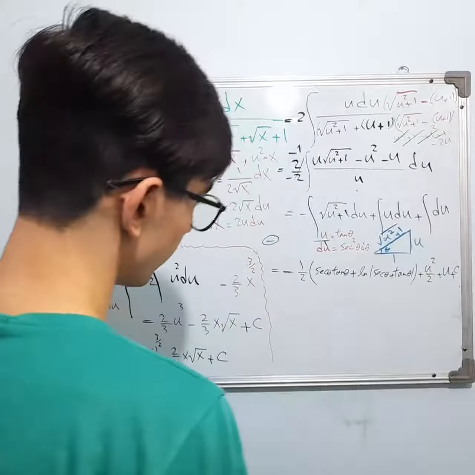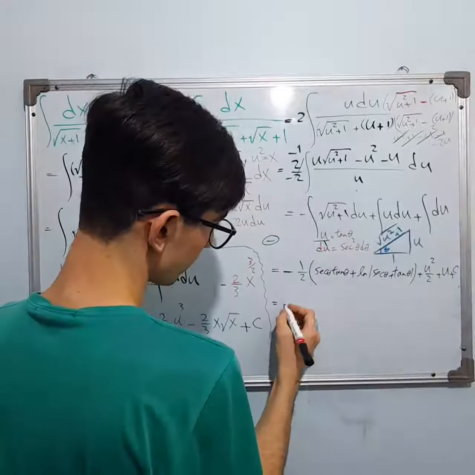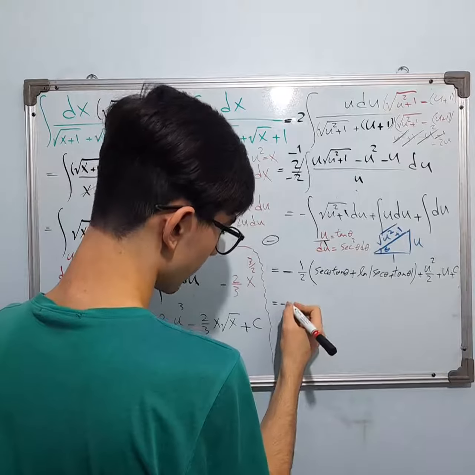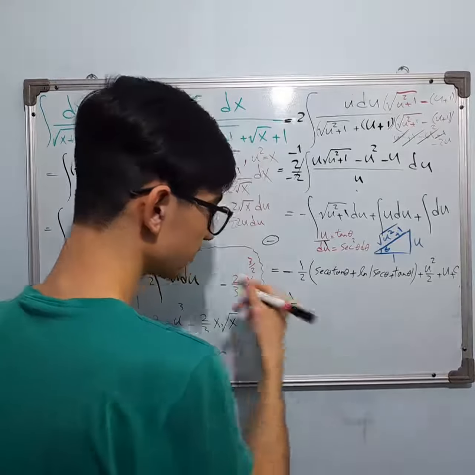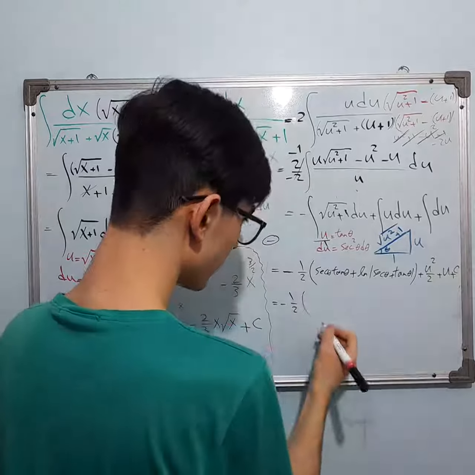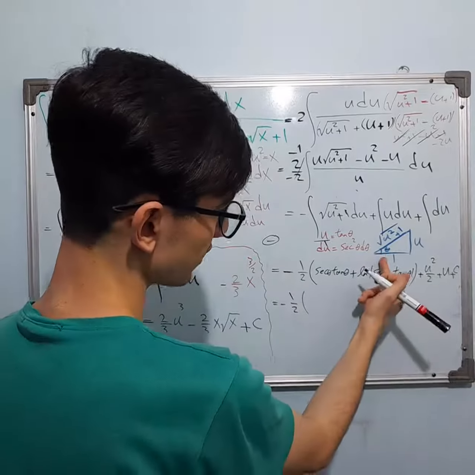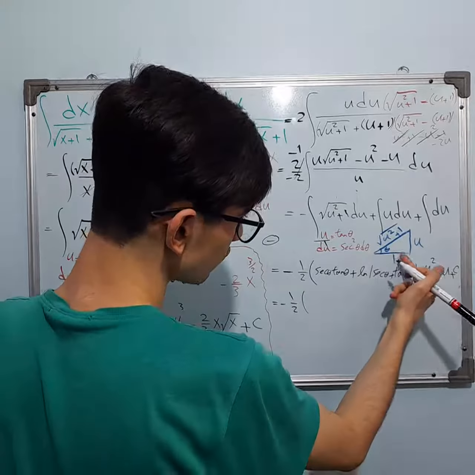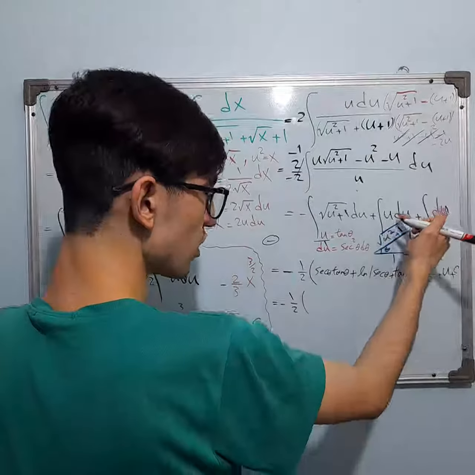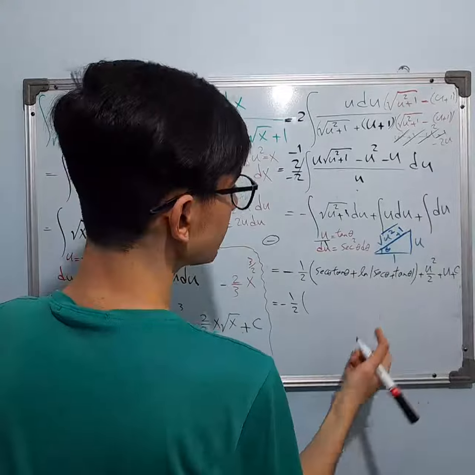Okay, now I have minus 1/2, negative 1/2, no difference. Parentheses, secant theta. What is secant theta? You know that cosine theta is 1 over the square root of u squared plus 1, and its inverse is secant theta.